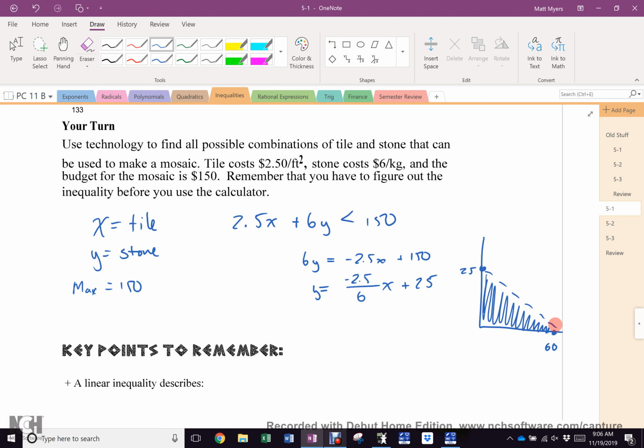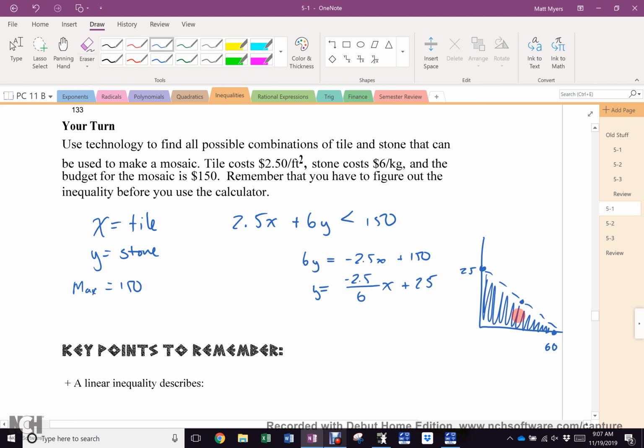Right? Henry. Oh, I see what you're saying. Yeah, so you could go in the middle. All right, let's talk about that. So Henry says, can I have something in the middle at, say, 30 for X?